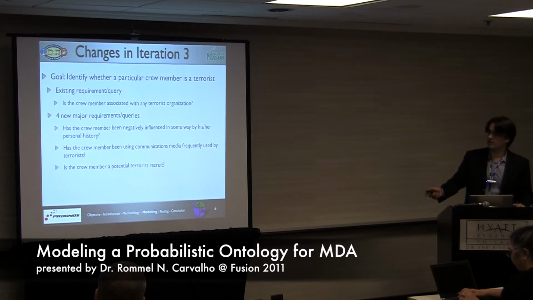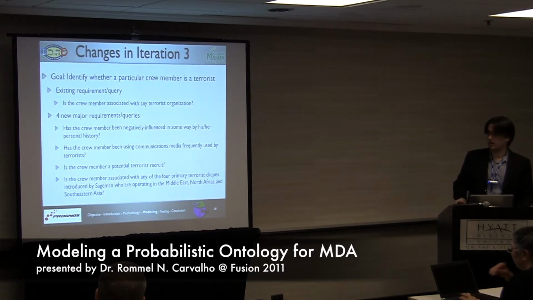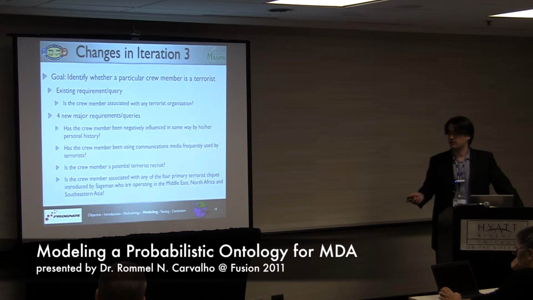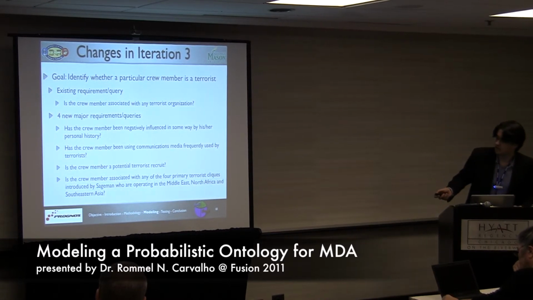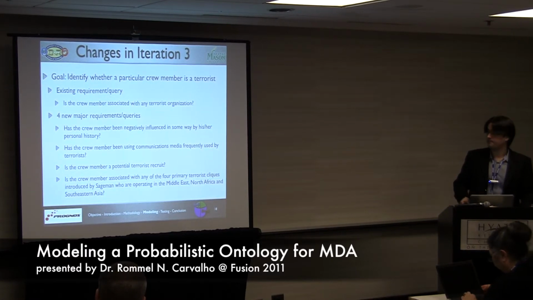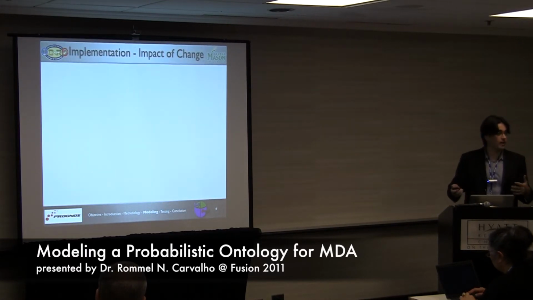And this is expanding on these ideas here. So you're looking at friends and related people and so on. And is he participating in one of the 4 cliques we have available? This is introduced by Sageman for the area of interest that we're looking at. So you have different ways to represent that.